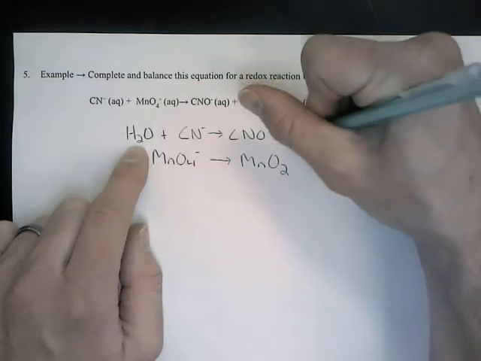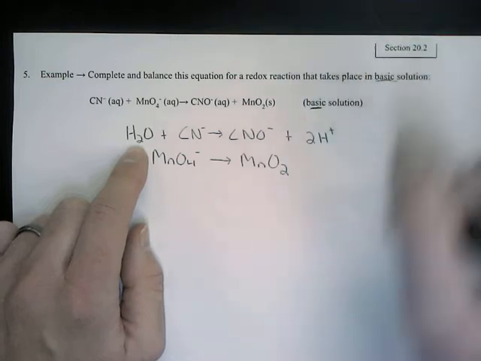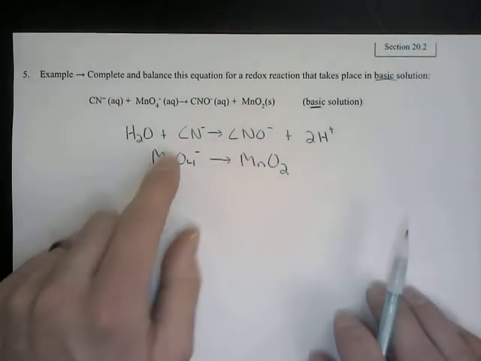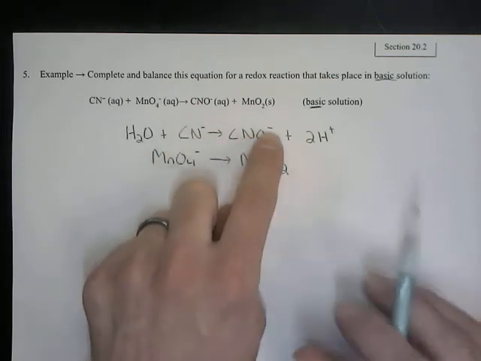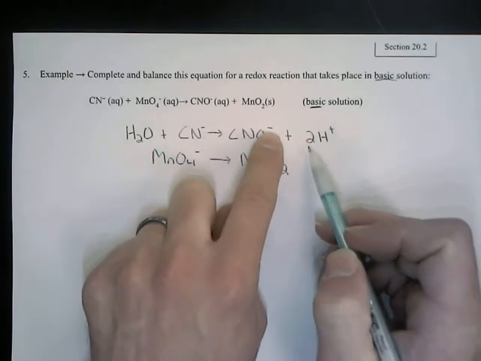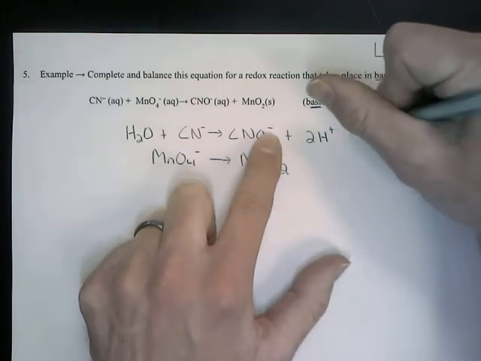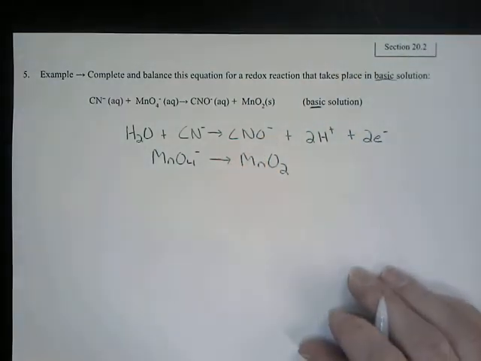We need to balance out 2 H's by adding 2 H+. Okay? Then we balance out the charges. So on our left-hand side, we have a -1. On our right-hand side, we have a -1 plus a +2. So that's a +1. We need to get it down to -1. So what we do is we add 2 electrons.